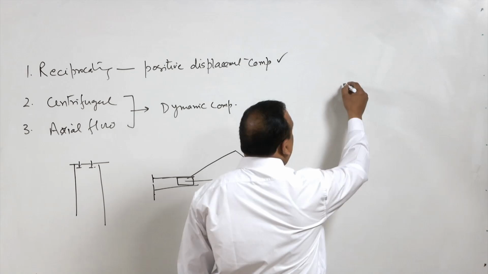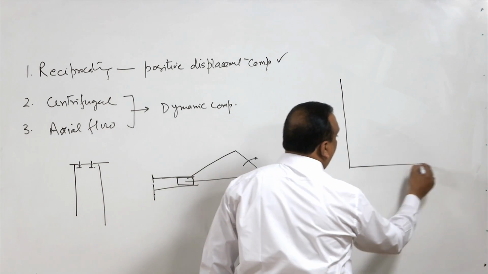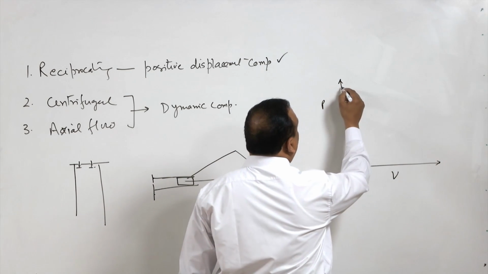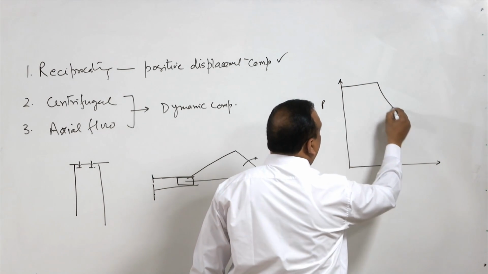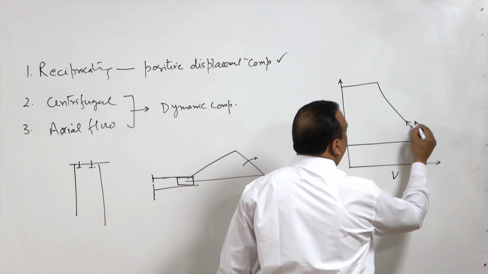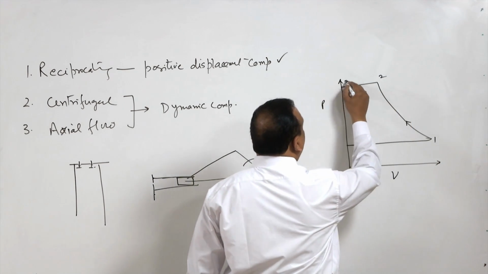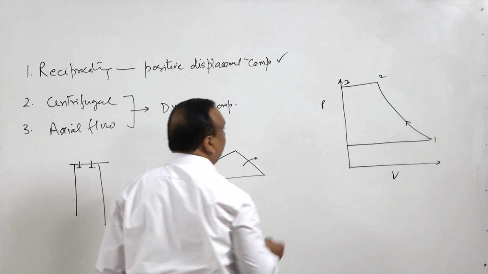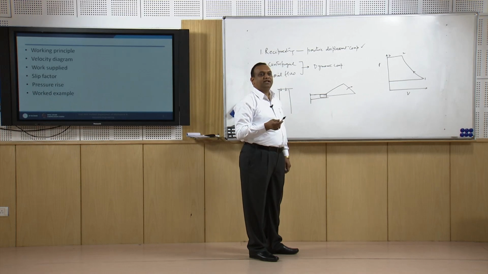And if I draw the PV diagram for a reciprocating compressor, it is going to be like this, from state 1 to state 2, then state 3. Now, here the volume at state 3 is shown as 0. But practically it is not possible.